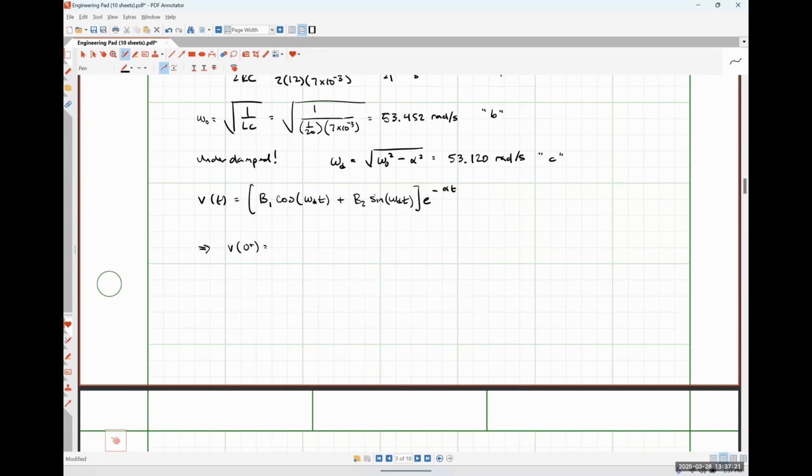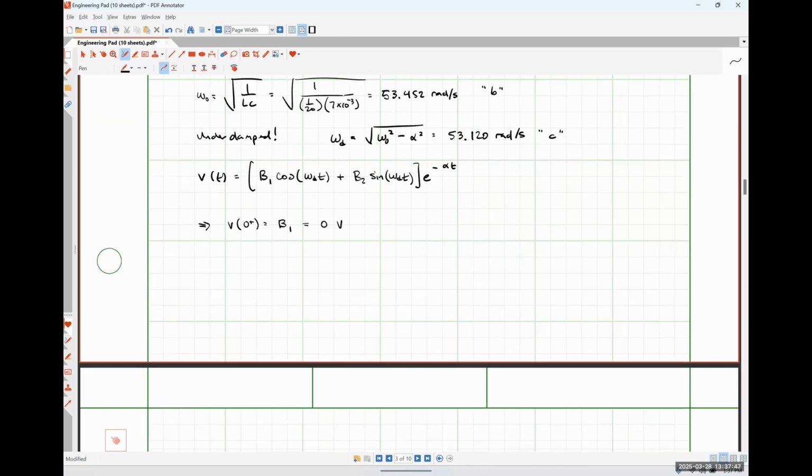It goes to 1. So essentially, the only thing that's going to survive is B1. So I already know what one of my two coefficients is. Numerically, B1 is 0 volts. So I'm not even going to really have to use my calculator to solve this system. It's going to be pretty simple.